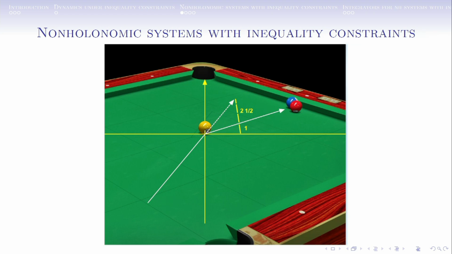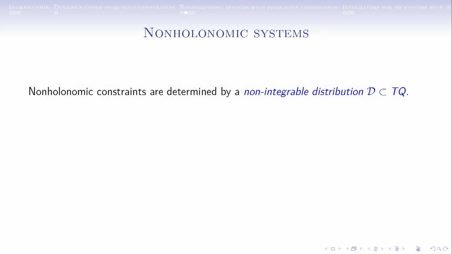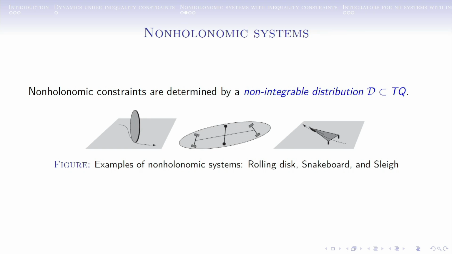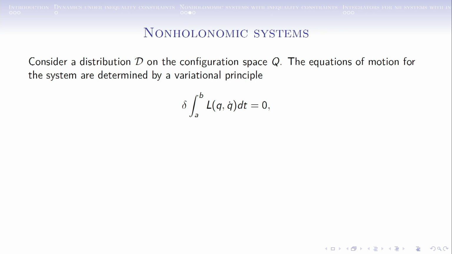This is a non-holonomic constraint, as I've shown you in the last presentation, and it has inequality constraints. Every time it hits the sides of the table, you have an impact. I can skip this. It's the same slide as before.